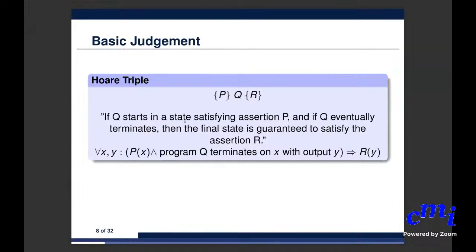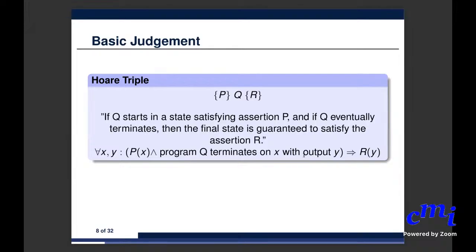More precisely, if Q starts in a state satisfying the assertion P, and if Q eventually terminates, then the final state is guaranteed to satisfy the assertion R. So this is what a Hoare triple is, and this is for partial correctness. That is, more formally, for every x, if P(x) is true, the precondition is true, and the program Q terminates on x, then R holds.